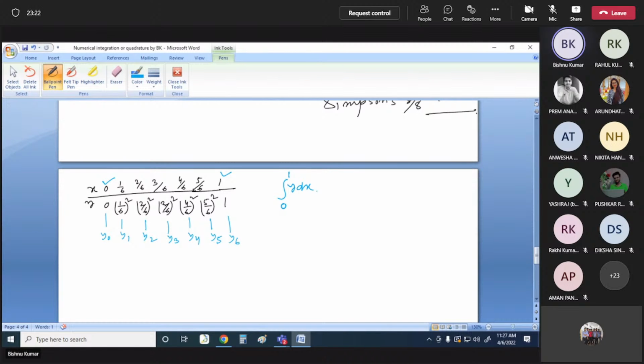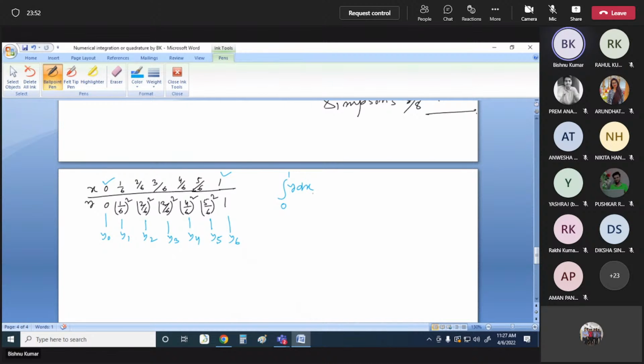How many subintervals are there here? With the help of 7 points, 6 subintervals. Is 6 even or odd? It is even, so I can apply the Simpson one-third rule. If I use the Simpson 3/8 rule, it should be a multiple of 3. 6 is a multiple of 3, so I can use the Simpson 3/8 rule also.